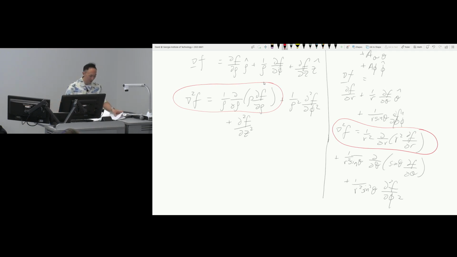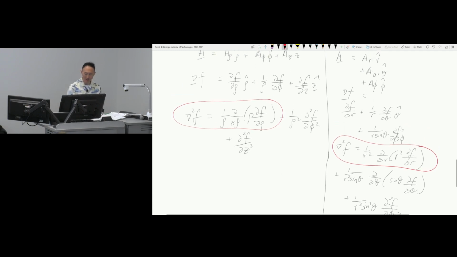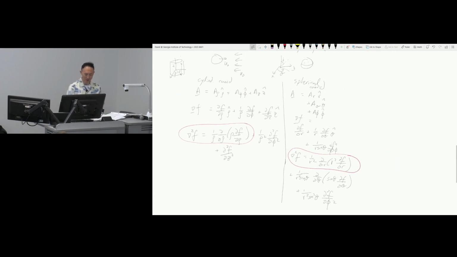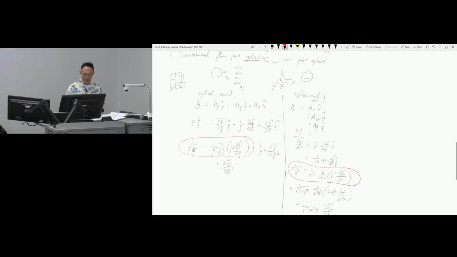So your answer might look a little different. All right, so let's review how we did that in 3D. But first of all, any questions on cylindrical versus spherical and these two definitions of Laplacian?